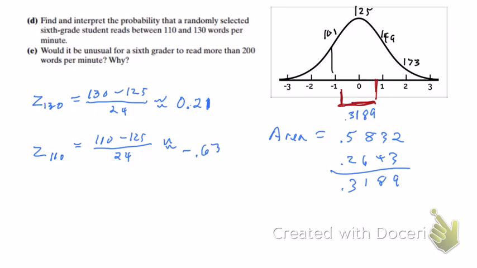Would it be unusual for a sixth grader to read more than 200 words per minute? Well, let's see. What would the z-score be? I'm getting 3.13 rounded off.